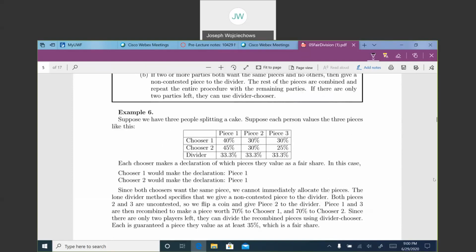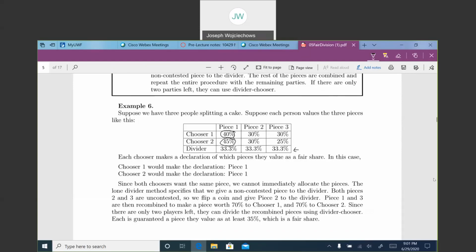So here we have three people. As we see there, what they would consider a fair piece would be 33.3%. So looking at the declarations, we see chooser one, the only piece they think is fair, and is actually greater than fair, is piece one. Same thing with chooser two, they prefer piece one as well. So what happens?